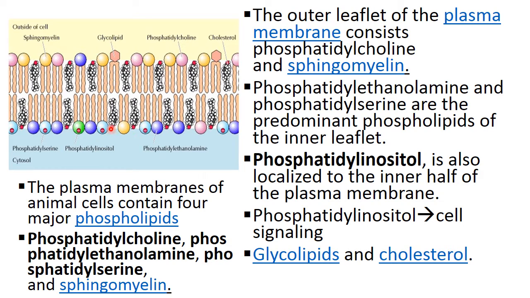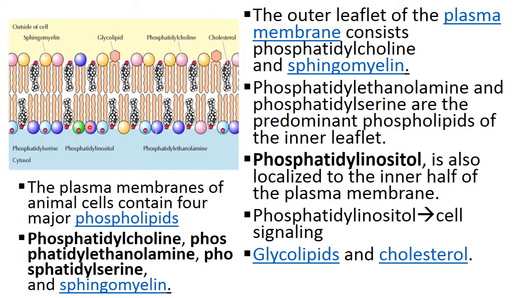Then there is a minor phospholipid present inside the cell, which is phosphatidylinositol. The glycolipid, which is a minor component, is present on the outside of the cell. The cholesterol is a major component present on both the outside and inside of the cell.